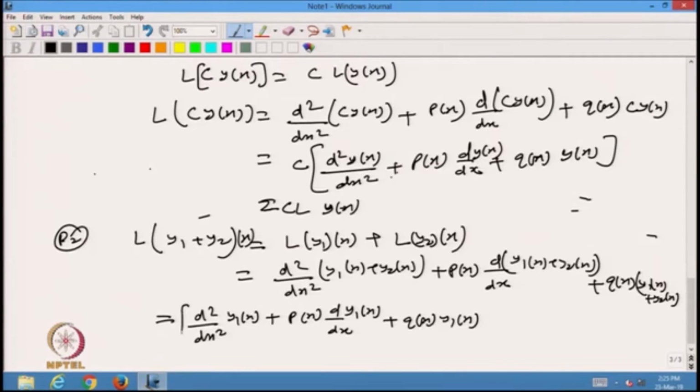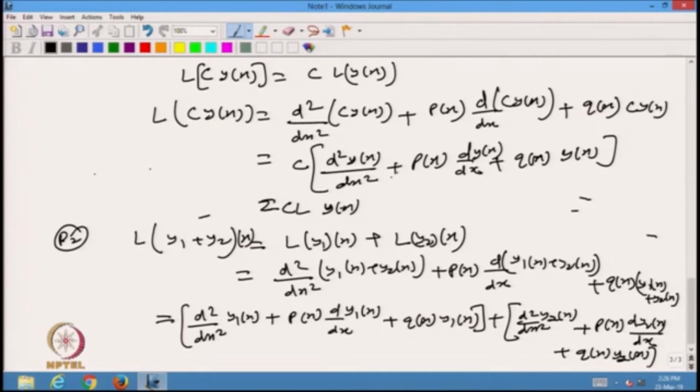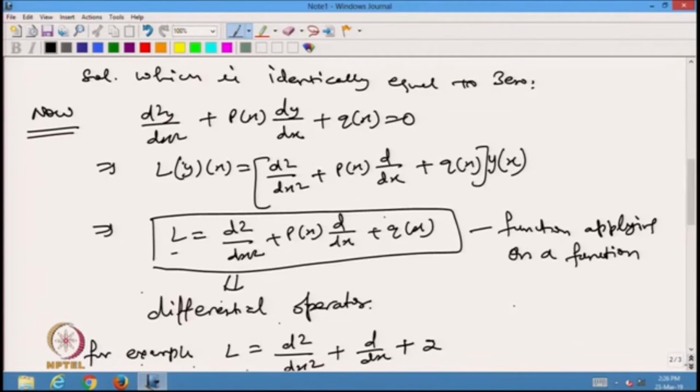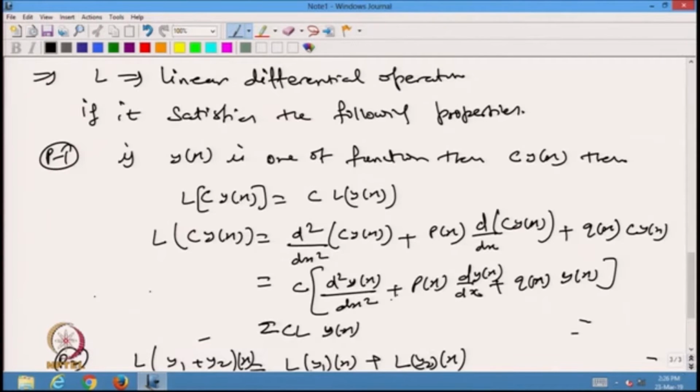I can separate this one, and the other one is d square over dx square y2(x) plus p(x) d y2(x) over dx plus q(x) y2(x).